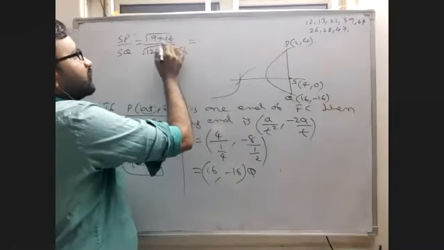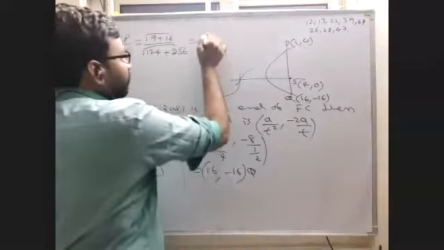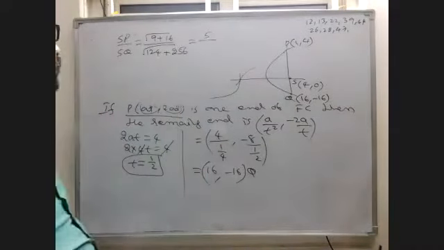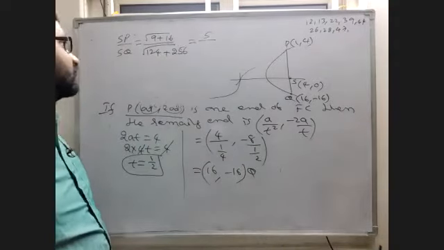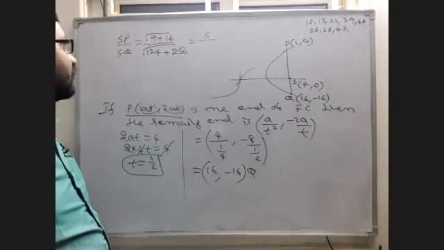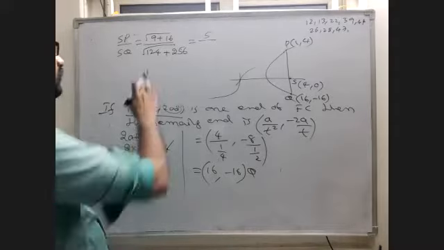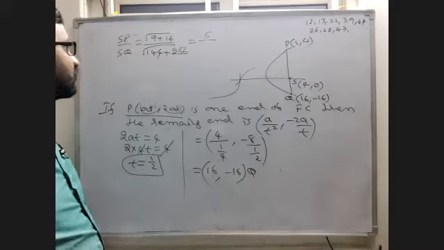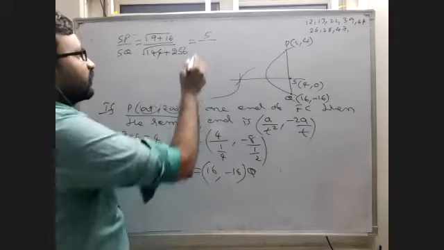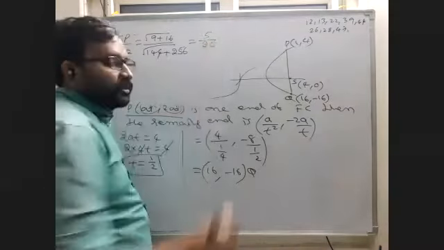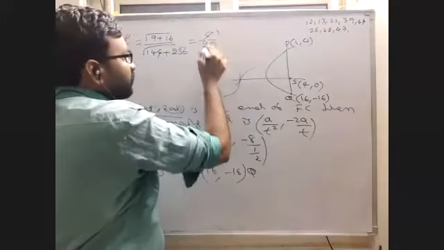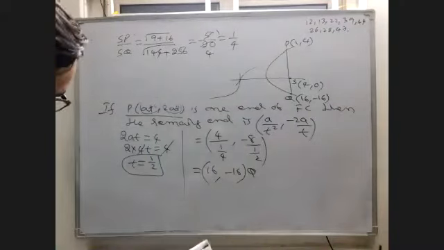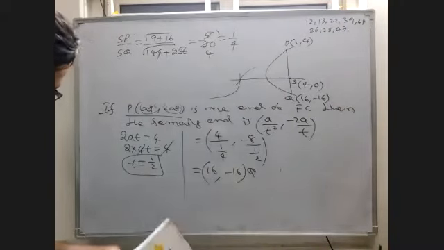So 144 plus 256 is 400, root 400 is 20. So 5 by 20, the ratio is 1 by 4, the fourth option.